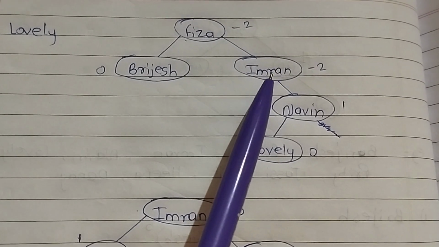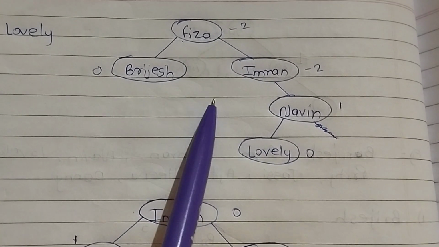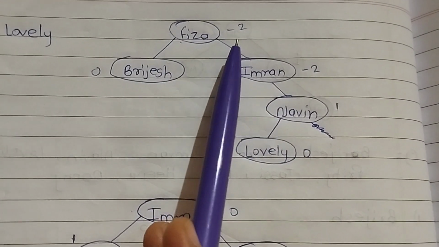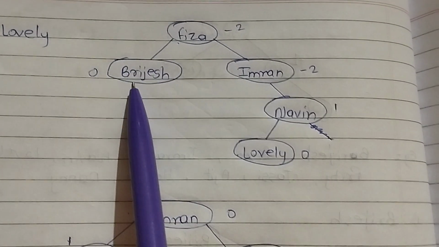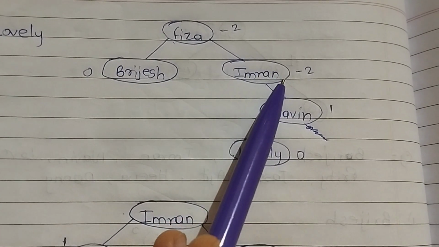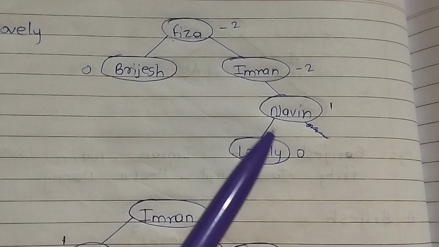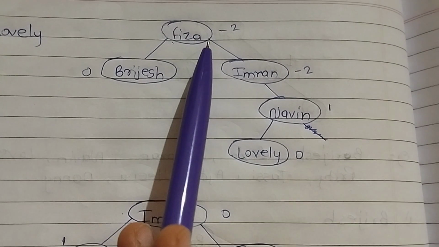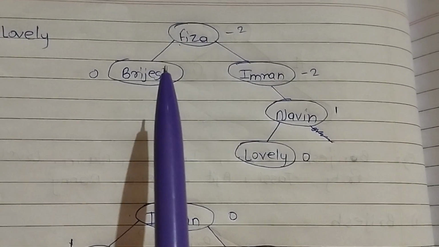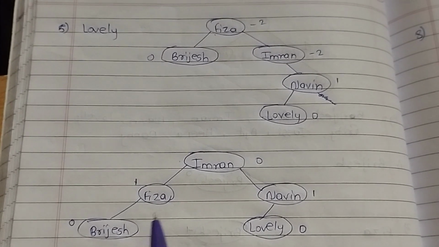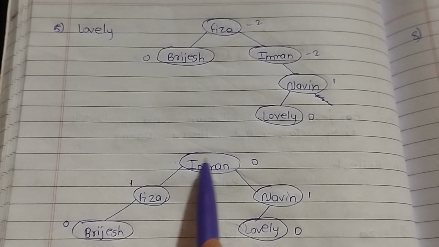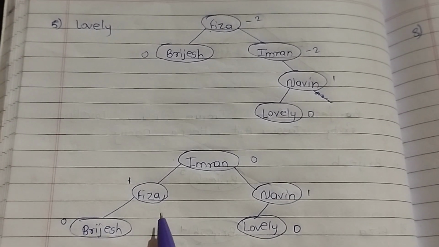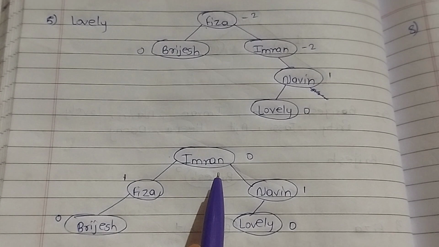Now the balance factor of Imran is -2 because 0 minus 2 is -2, and Fiza's balance factor is also -2, because on the left side only one node is present and on the right side 3 nodes are present. So 1 minus 3 is -2, and when -2 comes, we rotate anti-clockwise. So now Imran goes to the root node and Fiza comes as the left child. Again we count the balance factor.